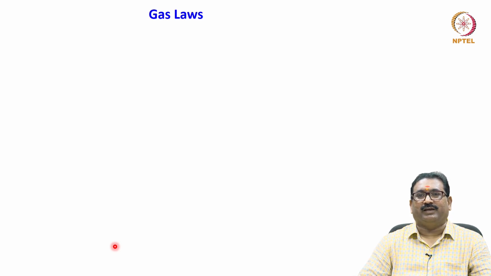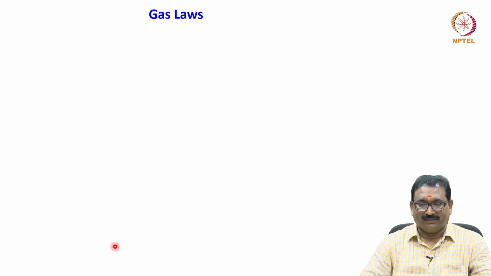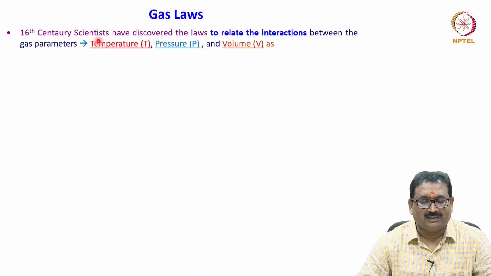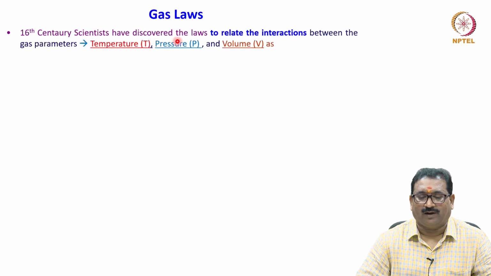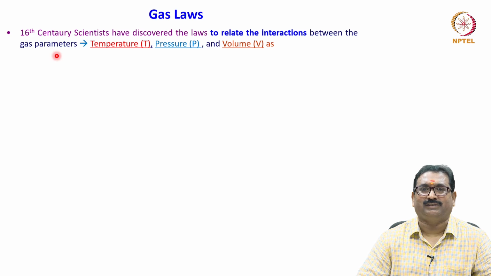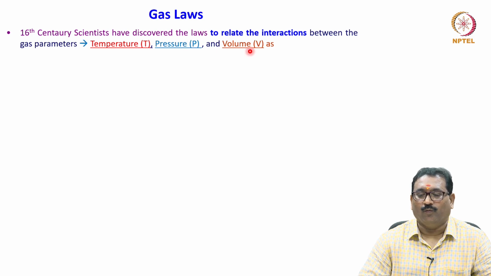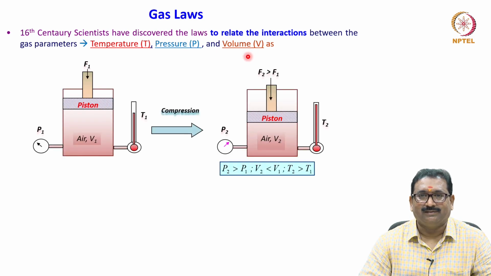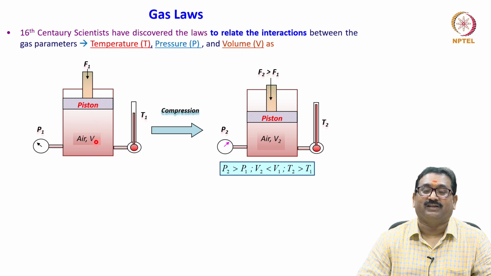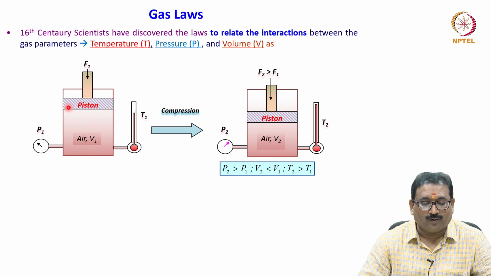Now, quickly we will go to the gas laws, which are very essential to understand pneumatics. In the 16th century, scientists discovered laws to relate the interactions between the gas parameters: temperature T, pressure P, volume V. As we know, friends, in the 16th century scientists studied a closed contained gas, assumed to be air, fitted with a piston.